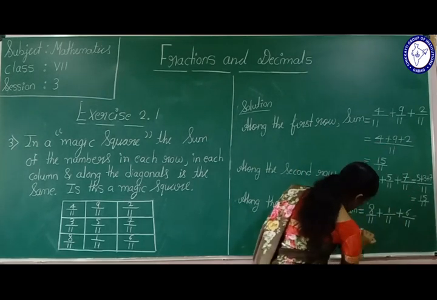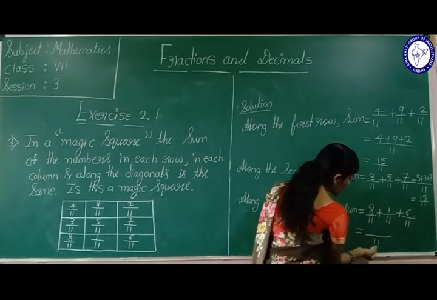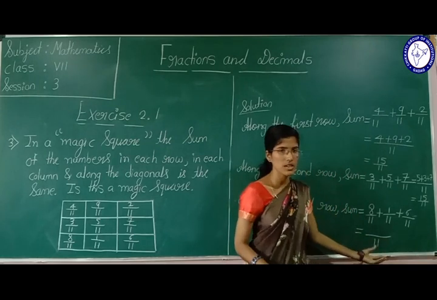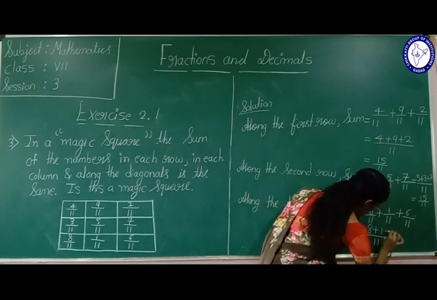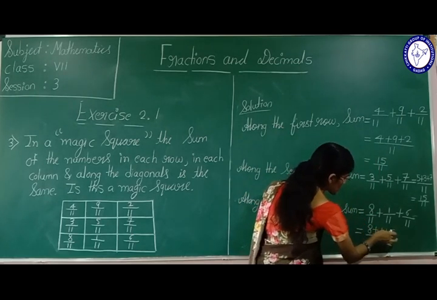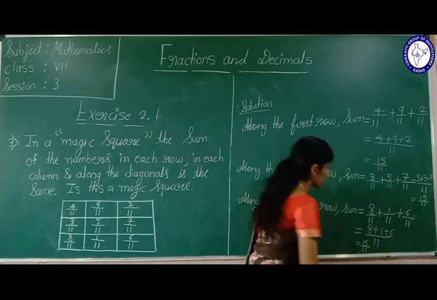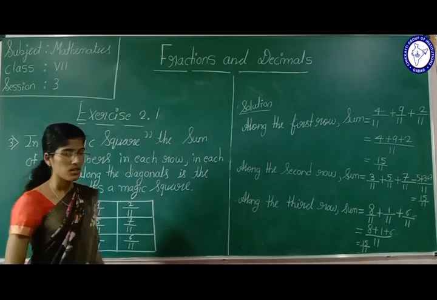Okay, now see, we will keep the denominator same, and 8 plus 1 plus 6 is, 8 plus 1 is 9, 9 plus 6 is 15. This is 15 by 11.